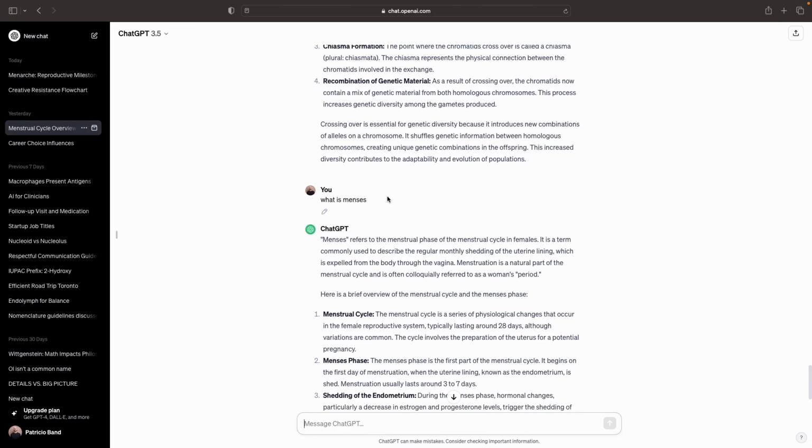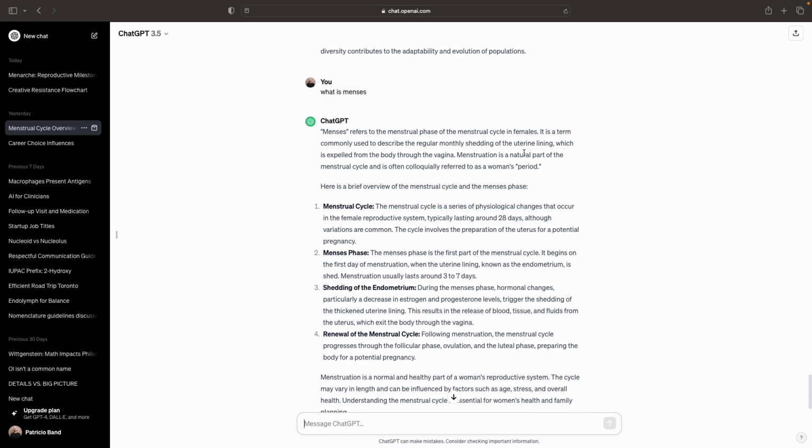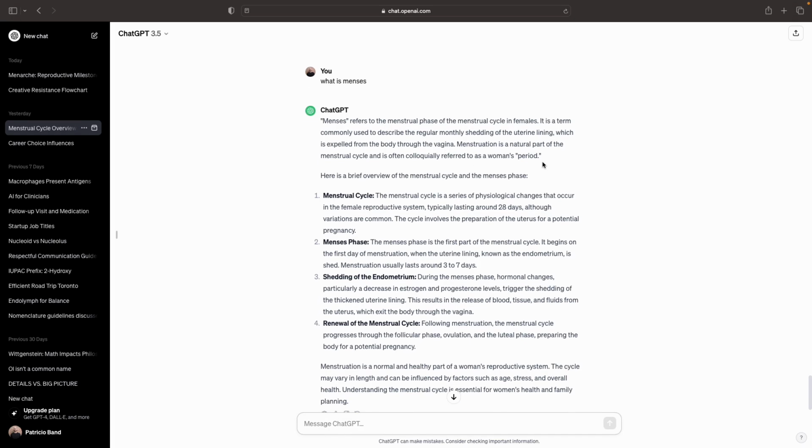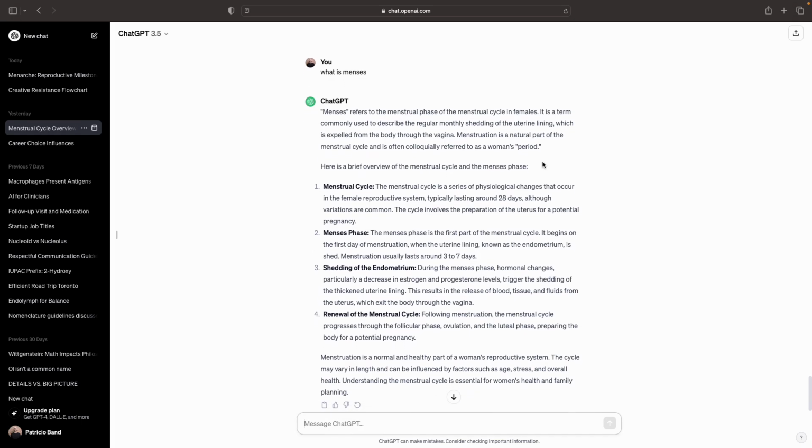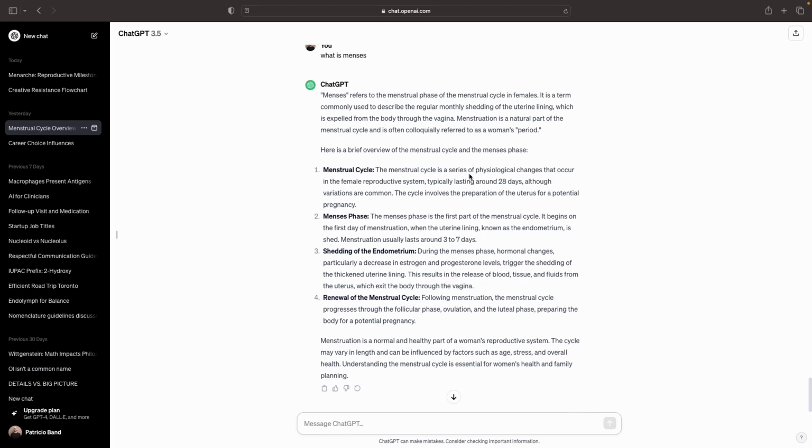Menses is a term commonly used to describe a regular monthly shedding of the uterine lining, which is expelled from the body through the vagina. Menstruation is a natural part of the menstrual cycle and is often colloquially referred to as a woman's period. So the period is basically the same as menses. The menstrual cycle is a series of physiological changes that occur in the female reproductive system, typically lasting 28 days.